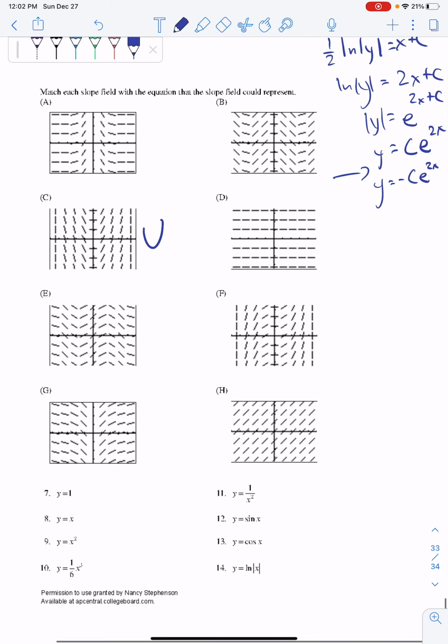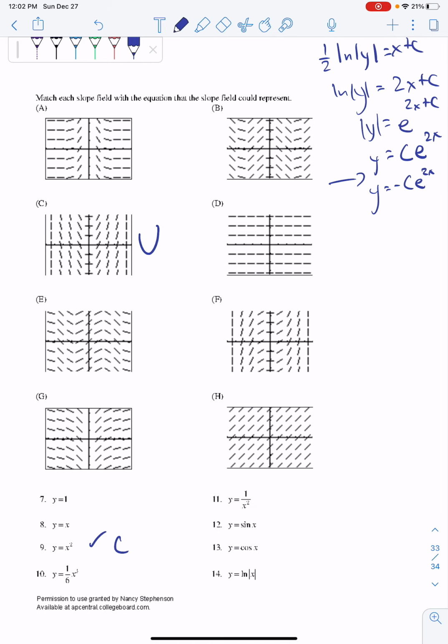So if I go down here, number 9 kind of looks like a parabola. So that's probably C. B and E kind of look like sine and cosine waves. E starts going up and then down, while B starts going down, which means that E is probably my cosine and B would be my sine graph.